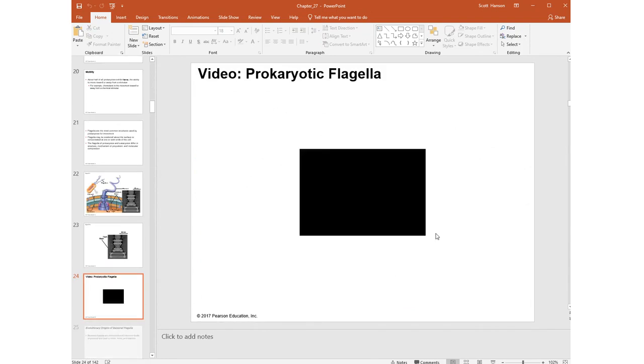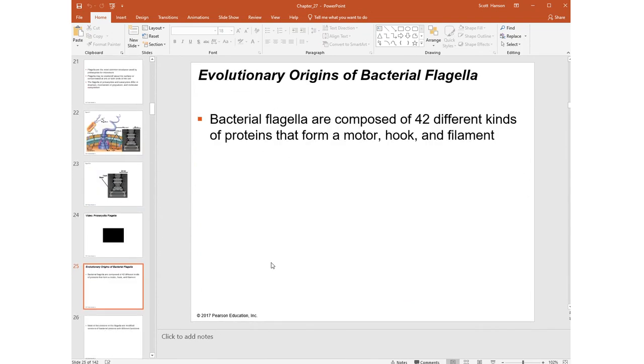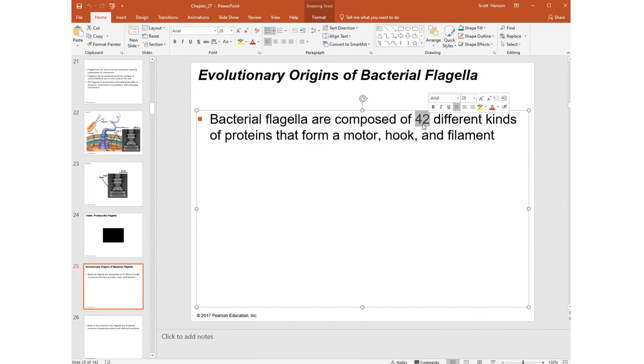Close up of the photograph then, and here's a video of the prokaryotic flagella that you can look at on your own time. So bacterial flagella are composed of actually 42 different kinds of proteins that form the motor part, the hook part at the base, and then the long thin filament that's out there in whatever fluid is surrounding this bacterium.